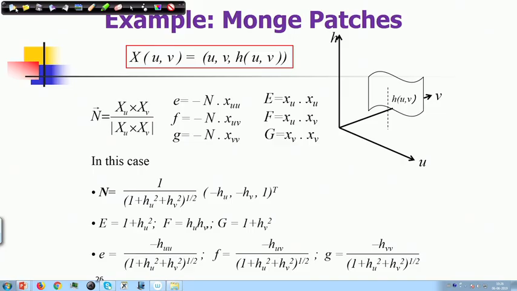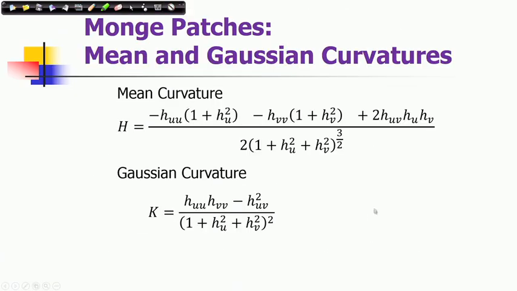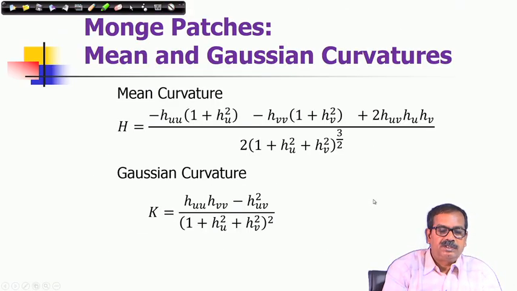I will show you the expressions of Gaussian curvature and mean curvature as a result of this operation. So, this is how you will get mean curvature, this is the expression, and also the Gaussian curvature, this is the expression.